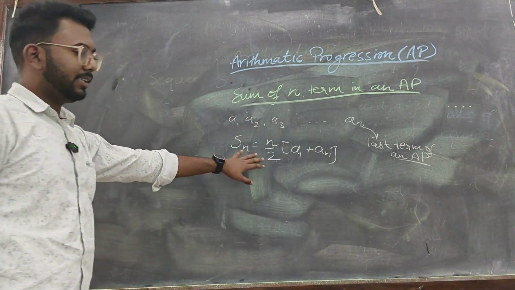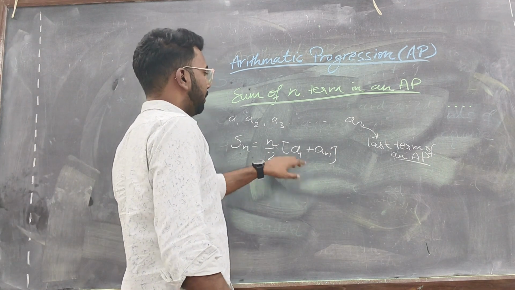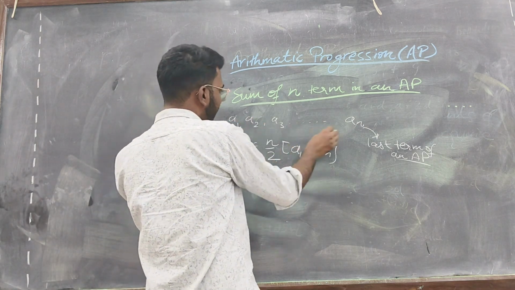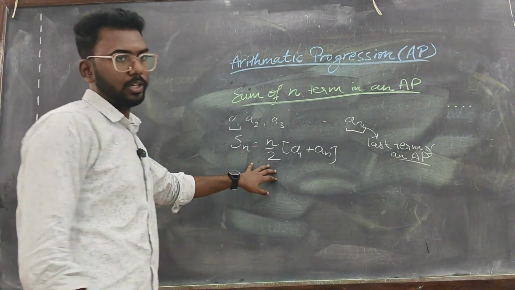Okay, so this is the formula for the sum of n terms of an AP. We will use this formula when we know the first term and the last term of the AP, to calculate the sum.